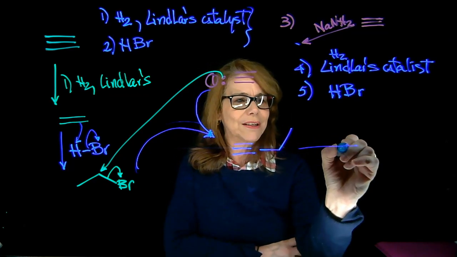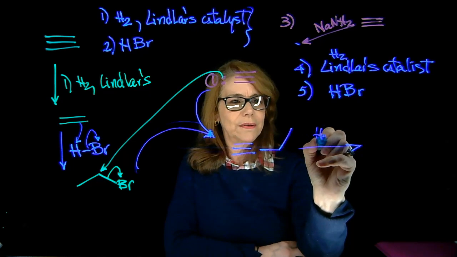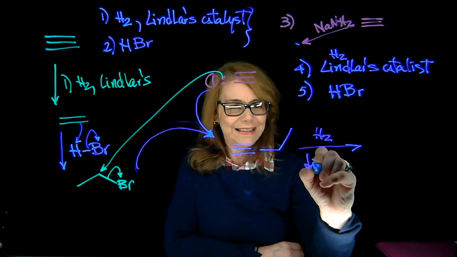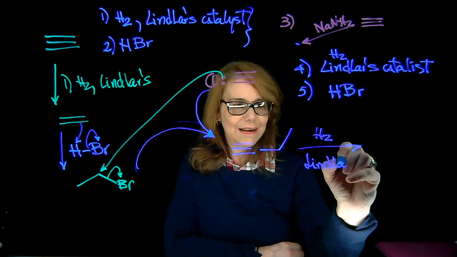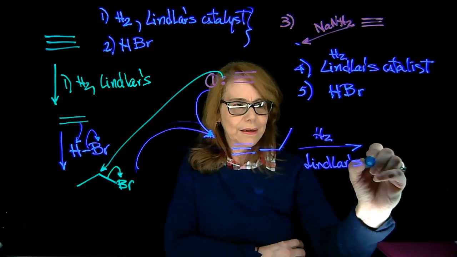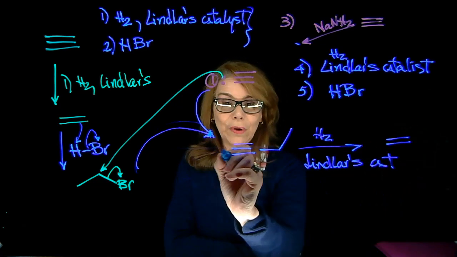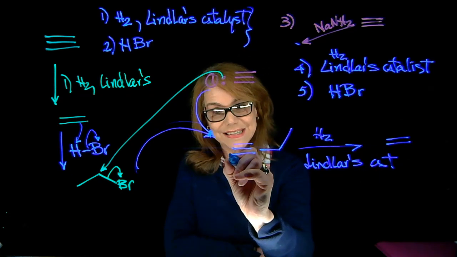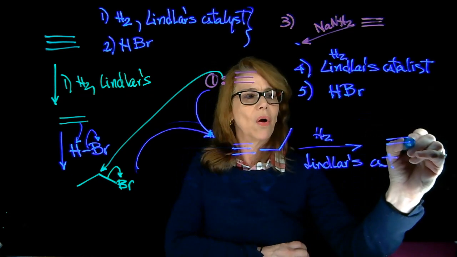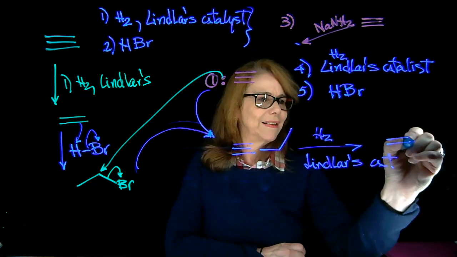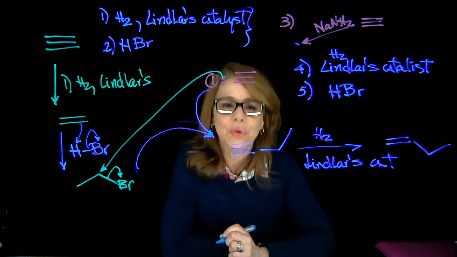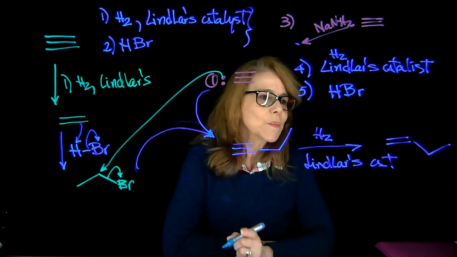So here what you will do again, that's a poisoned catalyst, you will get an alkene. So after reaction 4, again, hydrogen, Lindlar catalyst. We will get here, again, if we had a substituent here, we would have the cis alkene, but here we don't. So we're only going to get 1-butene.